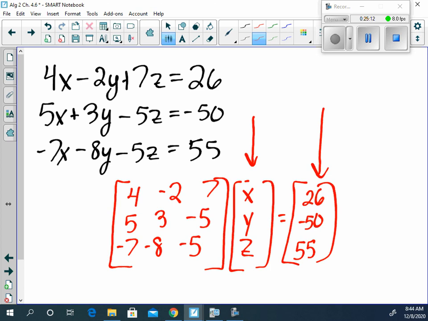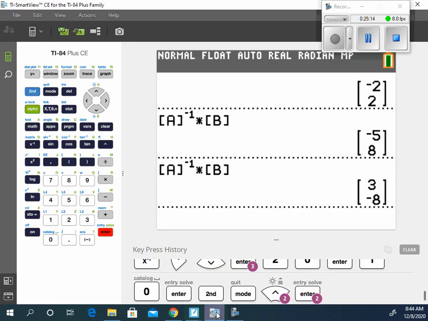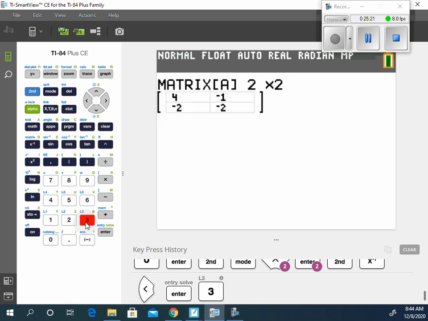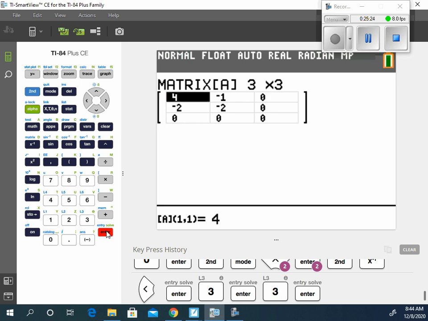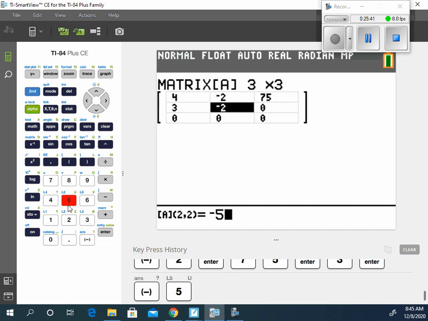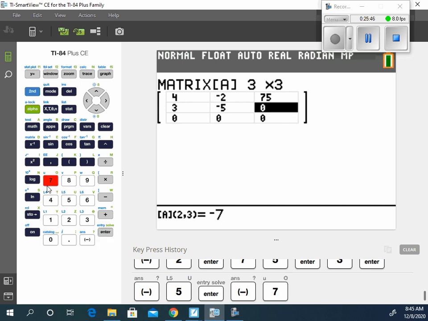Okay. Now, when we look at the calculator this time, we'll do second matrix still. I'm going to go over and edit matrix A. But this time I have a 3 by 3, 3 rows, 3 columns, 3 variables. So we're going to do 4, 2, 7, 5, let's see here.